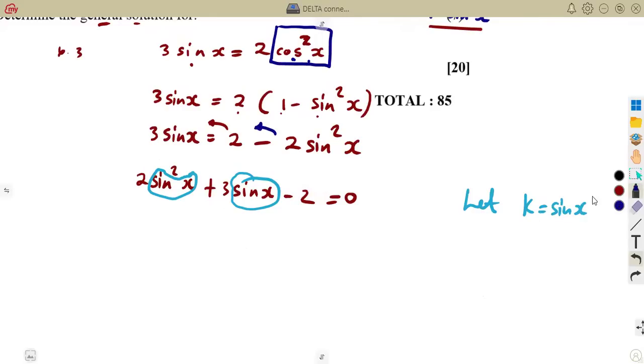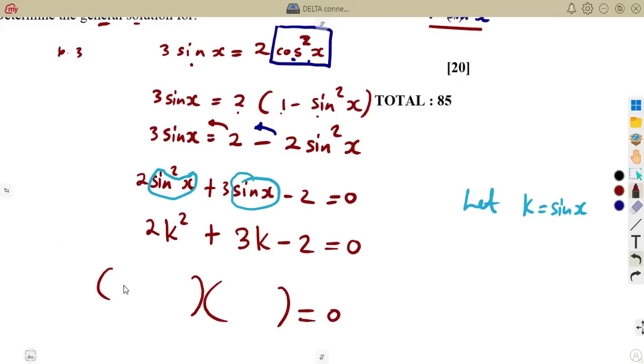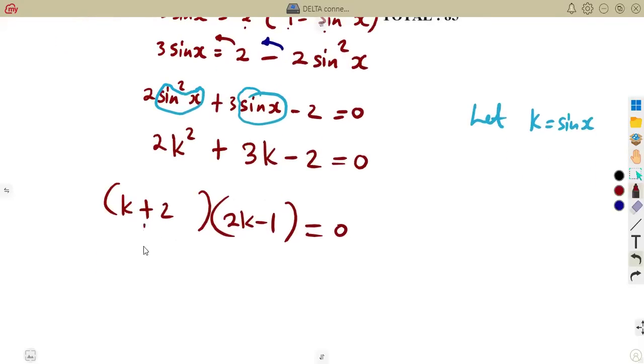So this is 2k squared plus 3k minus 2 is equal to 0. Using your quadratic formula or the factorization method, it is up to you. Using factorization, you're going to have 2 brackets: k plus 2, and another bracket, 2k minus 1. You solve for this. This to the other side was going to give a negative 2.